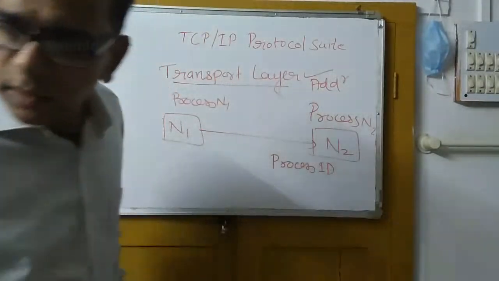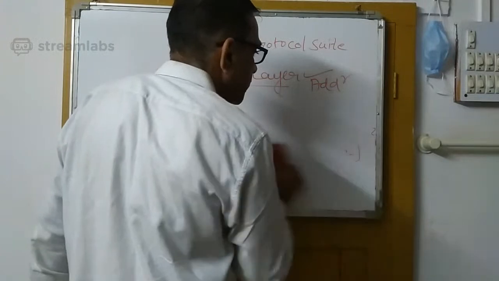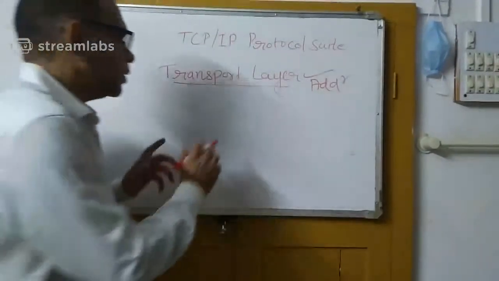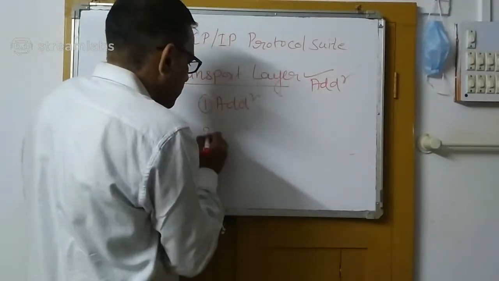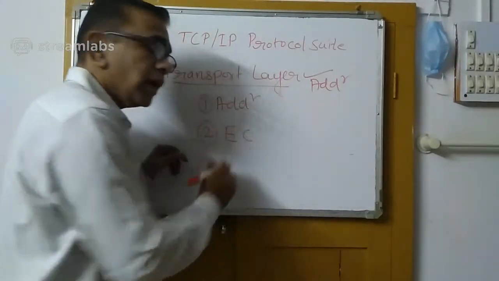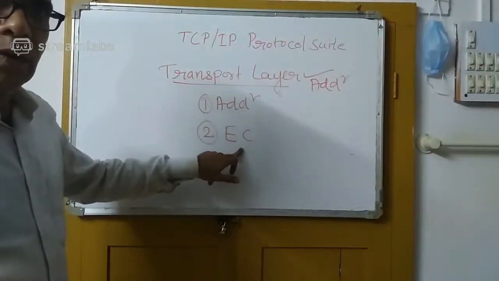The second task it is required to perform is specific to the TCP/IP model. The second task, apart from addressing, is error control. Now see, I am repeating the things that I have discussed in the link layer. So error control.